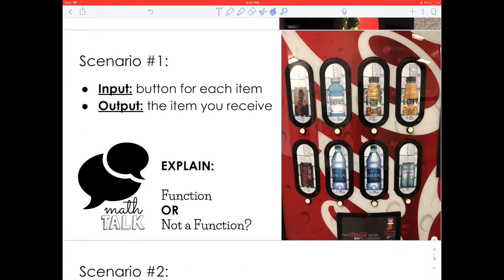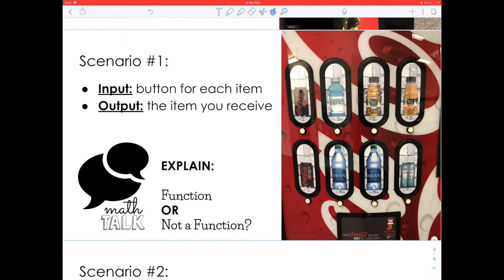So scenario number 1. Here is this vending machine. This is one of the ones in our school. You might recognize it. So think about if the input is the button you press for an item and the output is the item that you receive. Is this a function or not a function? Remember, to be a function, each input must only have one output.